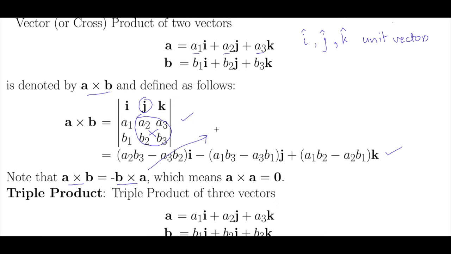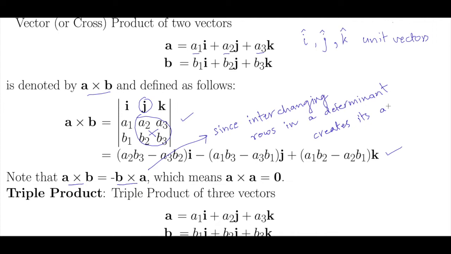Since interchanging rows in a determinant creates its additive inverse.